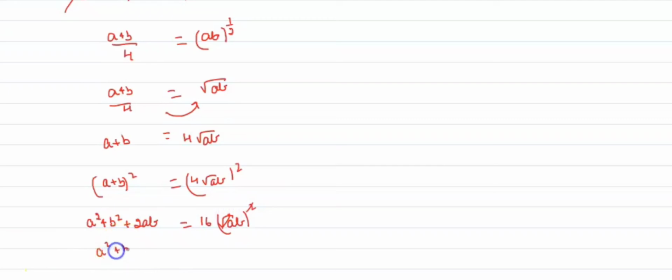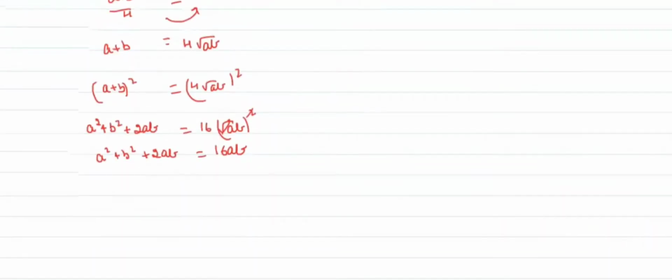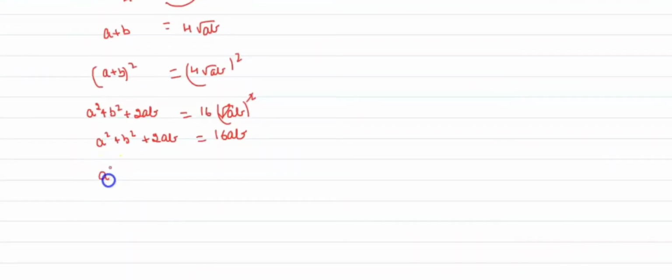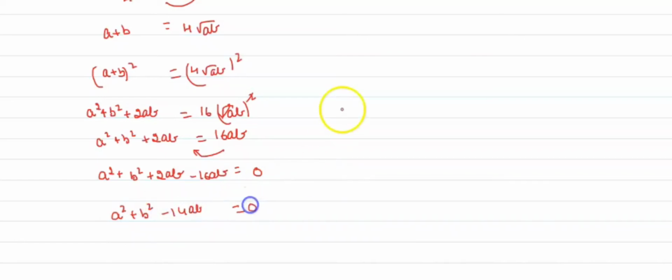A square plus b square plus 2ab will be equal to 16 times ab. Now bring the terms towards my left hand side. A square plus b square plus 2ab, when you shift it here, this will be minus 16ab equals 0. So this I can write as a square plus b square minus 14ab equals 0.